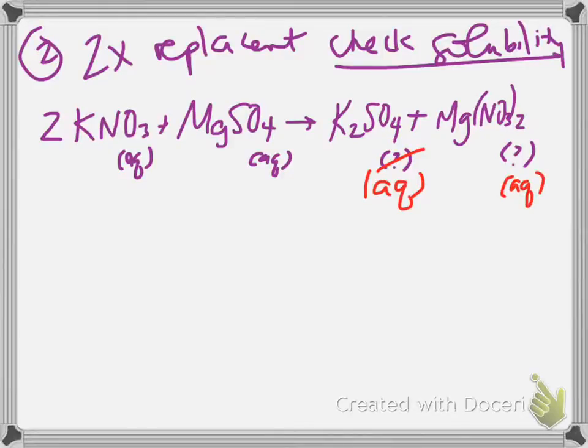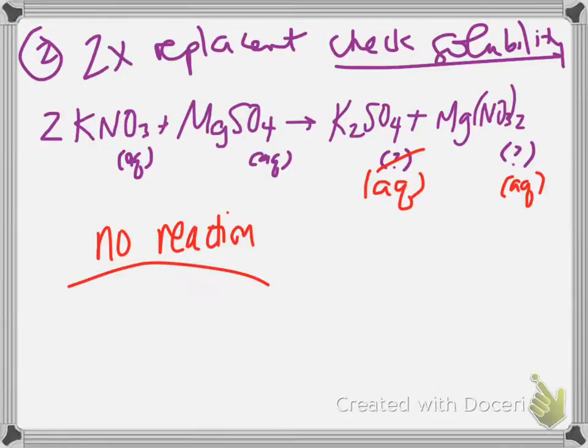What does this mean? There is no precipitate. No precipitate forms. So at this point you get to write no reaction. And you're done. No reaction occurs. Everything is a spectator ion. There is no net ionic equation.